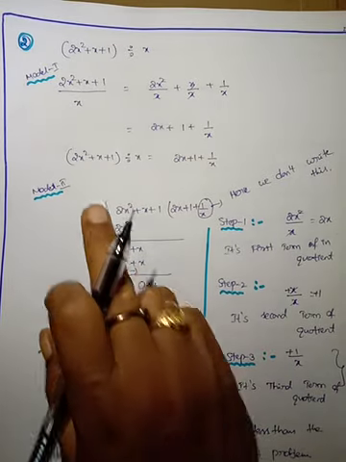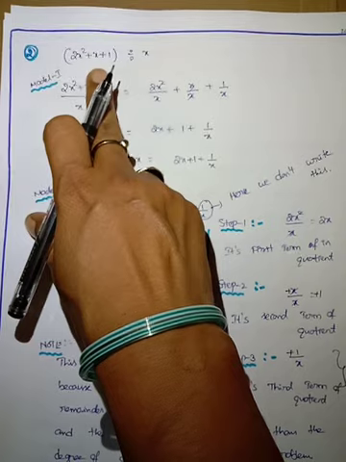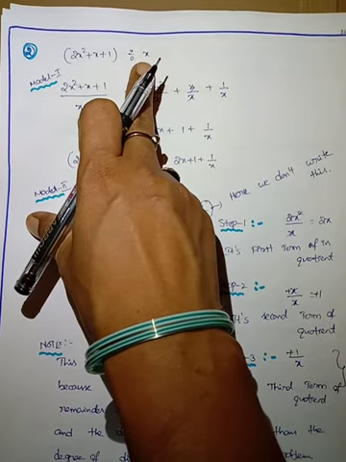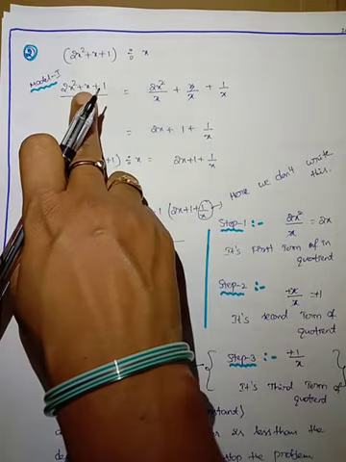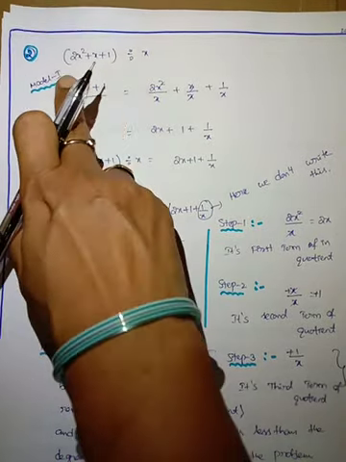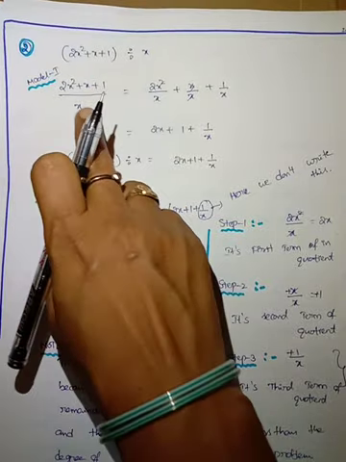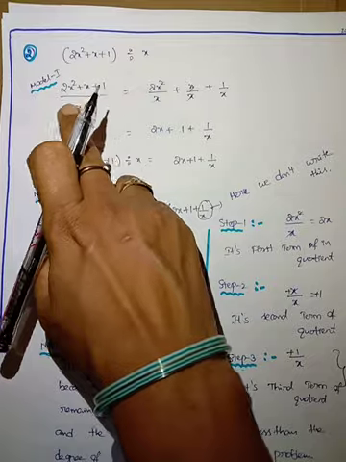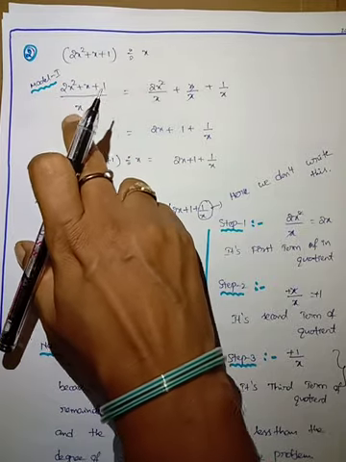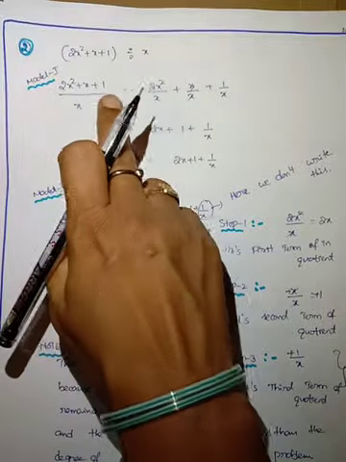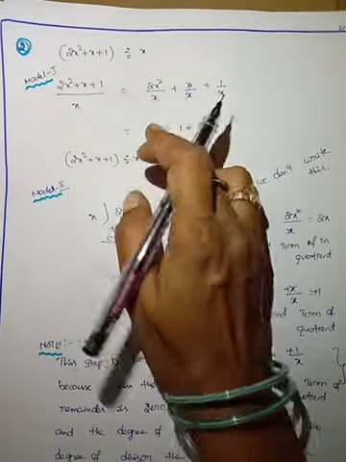Now take another example: 2x square plus x plus 1 divided by x. This is the quadratic polynomial, and x is the monomial. I divide each term by the monomial: 2x square by x plus x by x plus 1 by x.